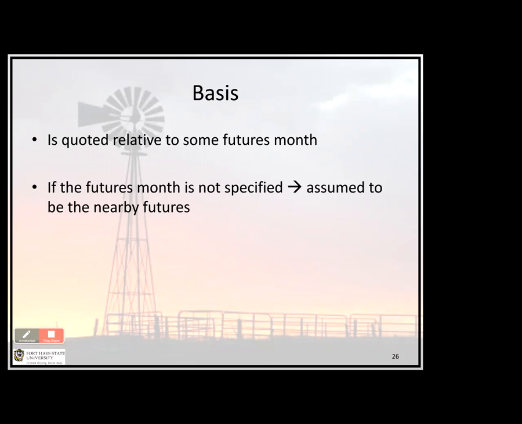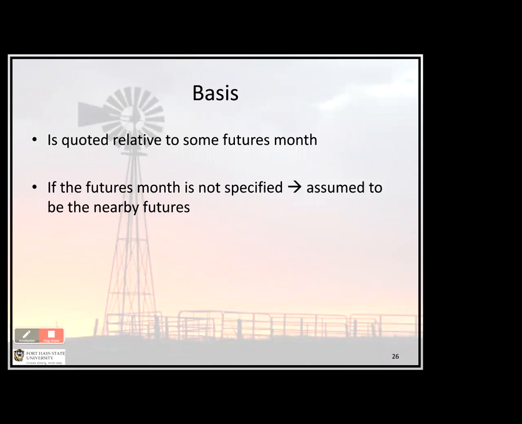So if you asked what's the wheat basis right now, and they said $1.20 under, you would assume they're talking about the current cash price if you deliver right now, minus the December wheat contract. Whatever December wheat is trading at, that would be your basis.